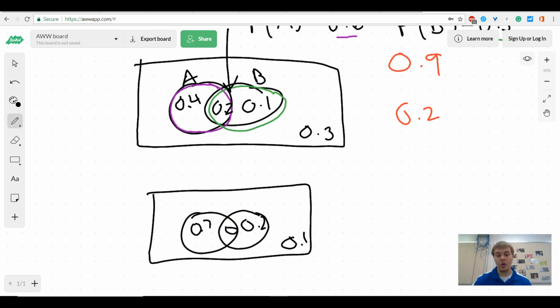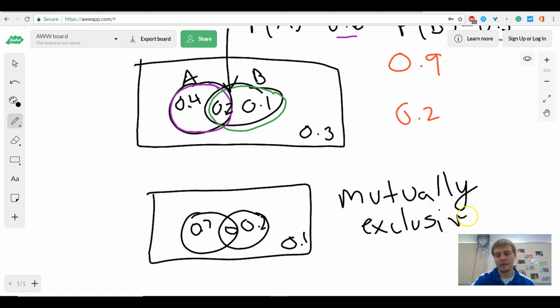If something has no overlap, it's called mutually exclusive. So you just look to see if it has overlap. If it has overlap, it's not mutually exclusive. If it has no overlap, then it is, meaning that these two events don't intersect at any point. Like they can't both happen at the same time.